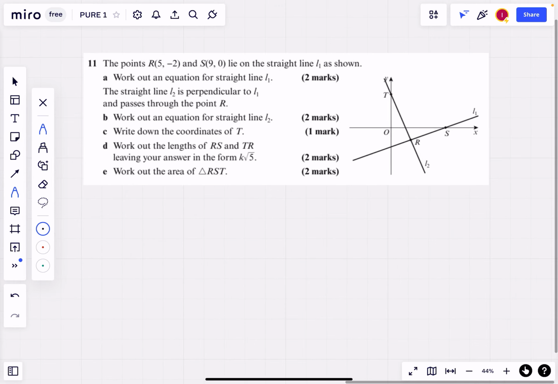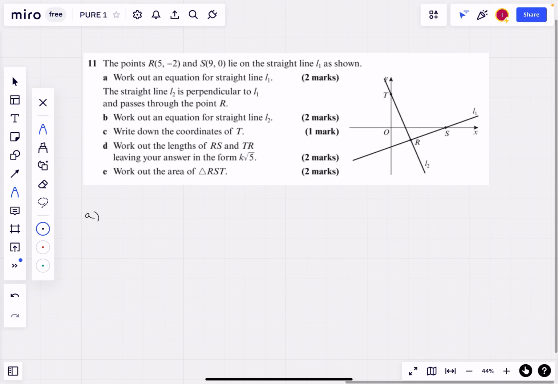So, can you pause the video and try question 11, please? Okay, part A. Work out the equation for straight line L1. We're going to do the same thing that we've done previously. We're going to start off by working out the gradient.